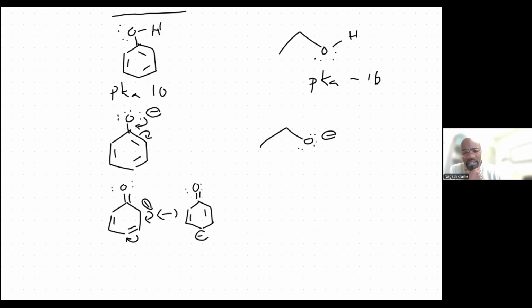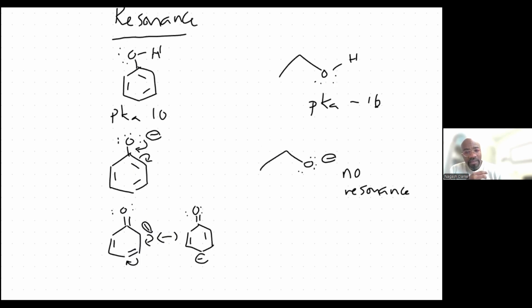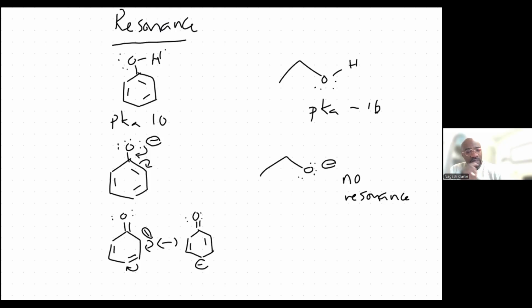Whereas with ethoxide, which is what this is, no resonance. So my negative charge on the phenoxide ion can be delocalized, meaning it can be stabilized, whereas there's no stabilization here. That's why this proton here is more acidic than this proton. Because once it leaves, the conjugate base is not very stable, so it doesn't really want to leave. Whereas this one is okay leaving because it has a stable conjugate base.